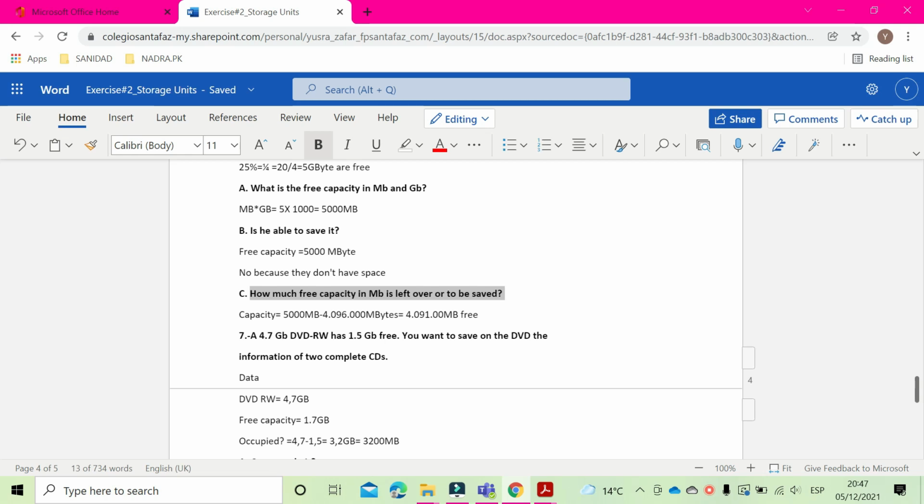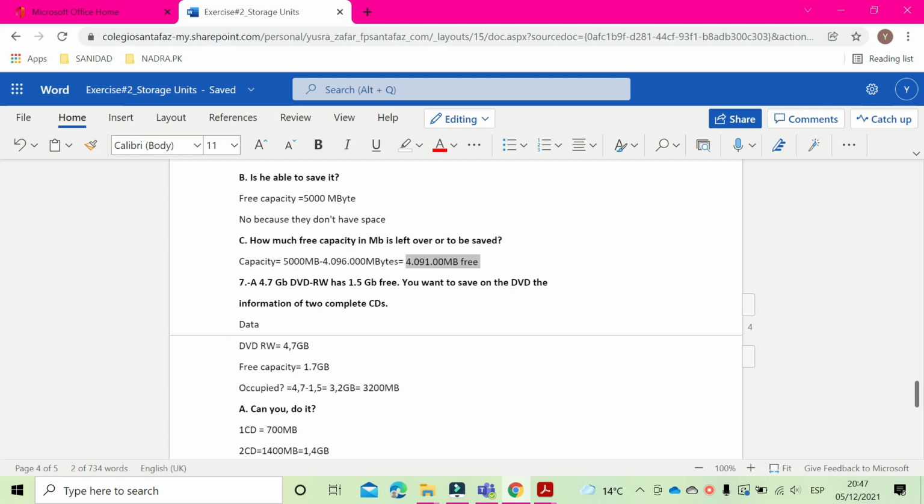The capacity is 5000 MB minus 4096 megabytes, which is equal to 904 MB free. They have this amount of MB free.